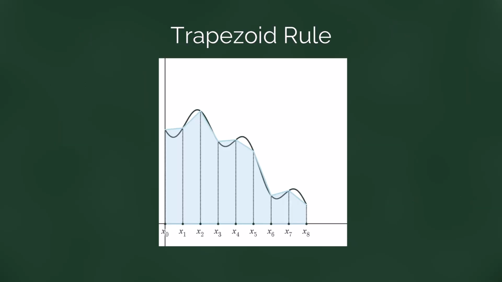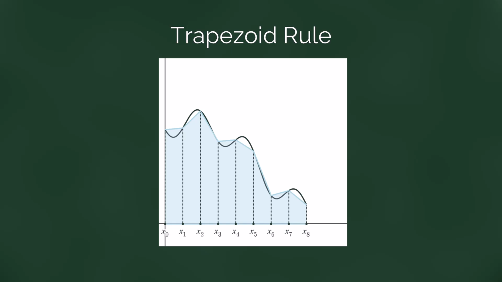We'll take a look at the trapezoid rule now. So the image here looks fairly similar to the midpoint rule image, except this time, instead of looking at the midpoint of each region, we're going to use the height of the function at the endpoint of each of the subintervals as the base of a trapezoid.